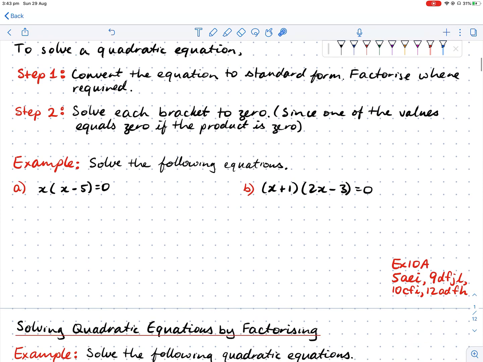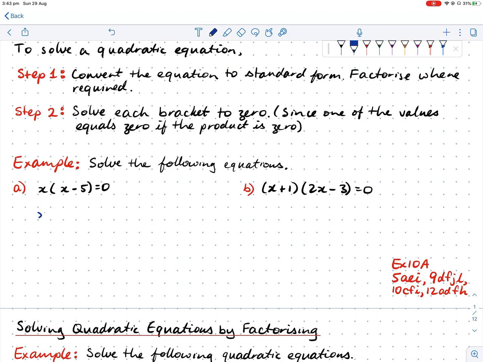So let's have a look at these two questions. These ones I've already factorized for you. We've got x times the bracket x minus 5, and that's equal to 0. If these two multiply to give 0, either x is equal to 0 or x minus 5 is equal to 0, and those are actually our possible solutions.